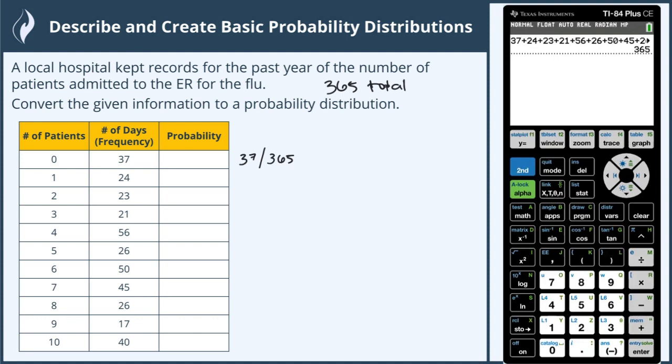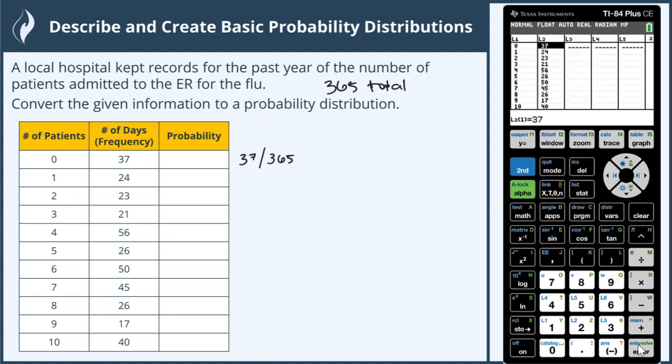So we go to our TI-84, and I already added up all the values, 365. Now I need to input my frequency table. So I press stat and go to edit. This brings up my lists, and I already put them in. If you want, you can pause the video and put your number of patients in list 1 and your number of days, or frequencies, in list 2.